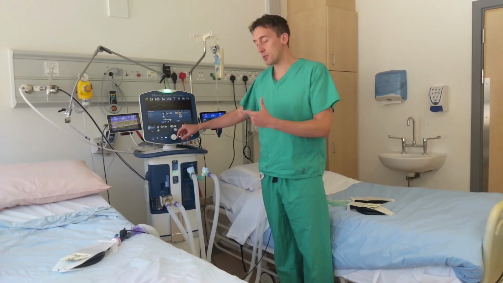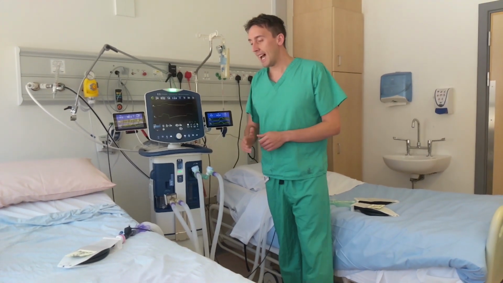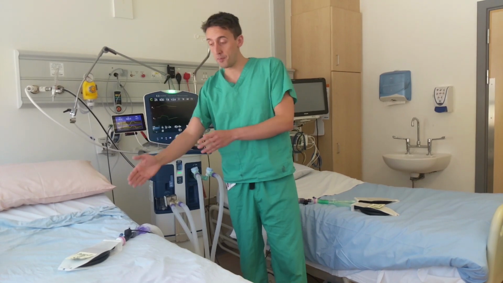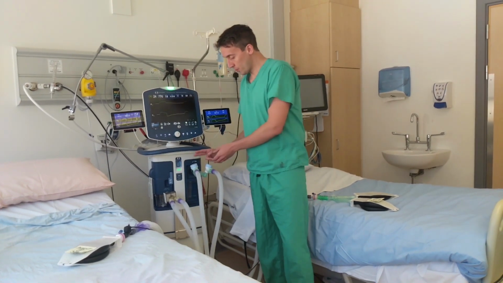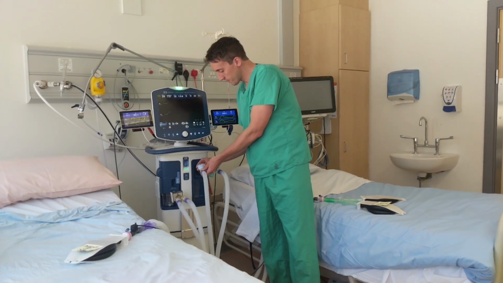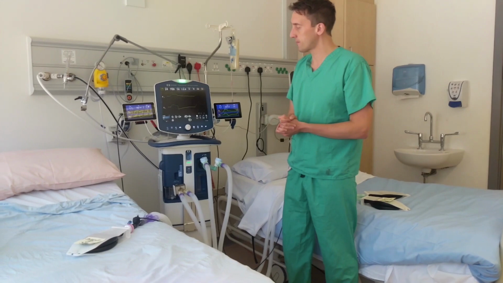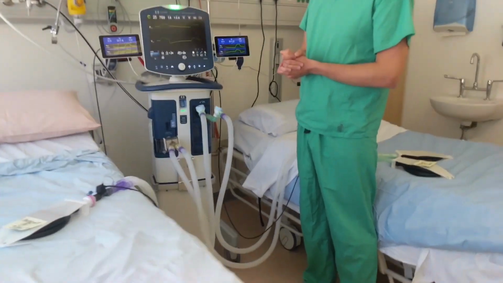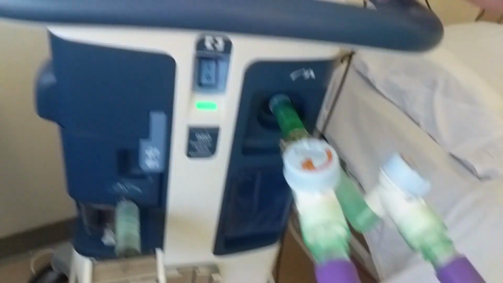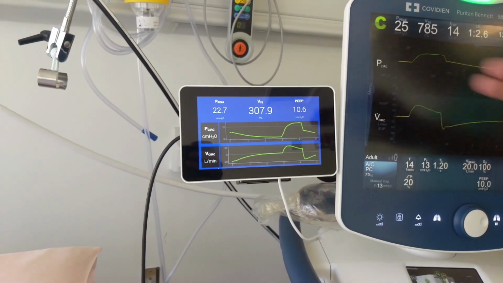Put our FiO2 up to 100%, and then in order to protect the lungs of patient A, we'll go to the APL valve and we'll close it slightly, and we'll monitor the effect and ensure that the tidal volumes are indeed reducing. So we can see that they're starting to reduce.